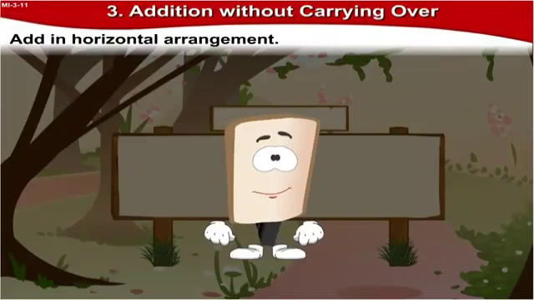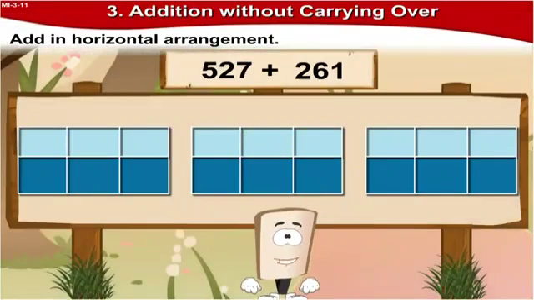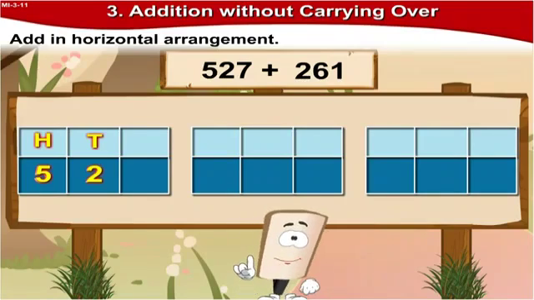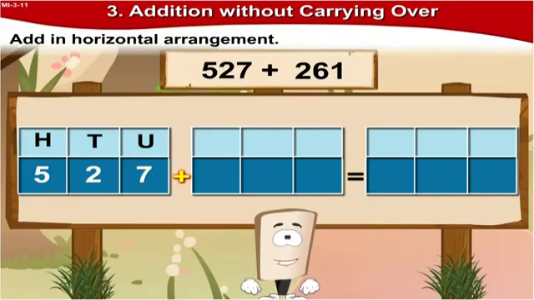And in horizontal arrangement, 527 plus 261. 527 means 500, 2 tens, 7 units, plus 261 means 200, 6 tens, 1 unit.